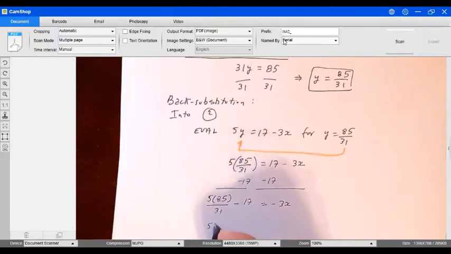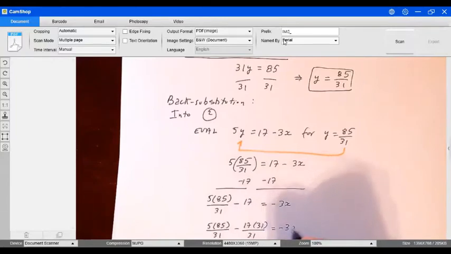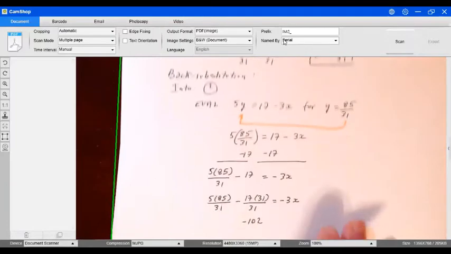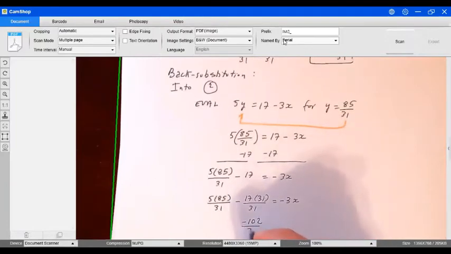So I'm going to get 5 times 85 over 31 minus 17 times 31 over 31, and this is going to be equal to negative 3x. So let's do these operations first. We're going to get 5 times 85 minus 17 times 31. So this is going to be negative 102 over 31, and this is equal to negative 3x.